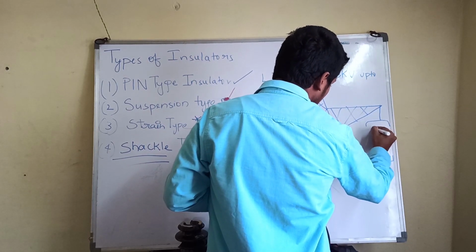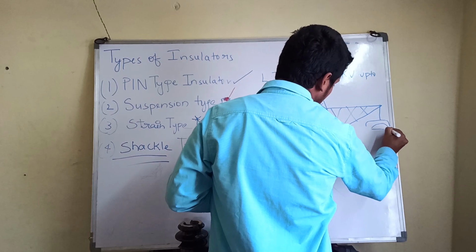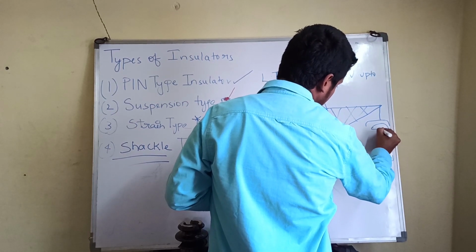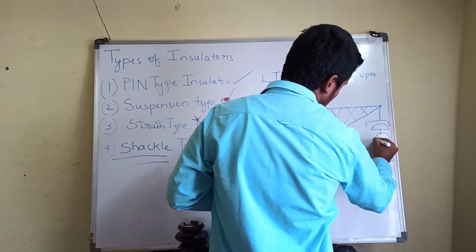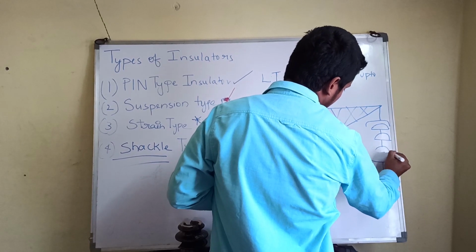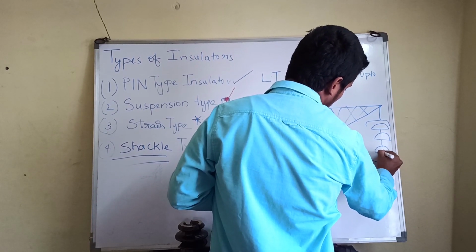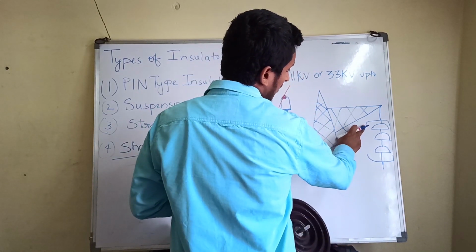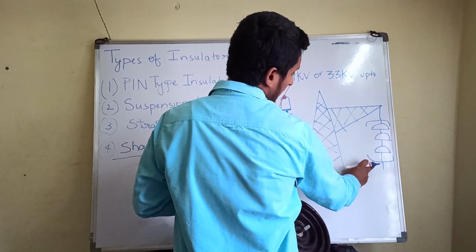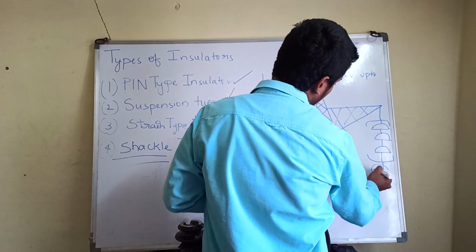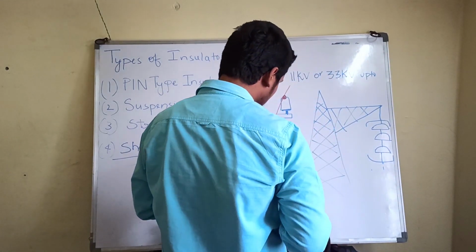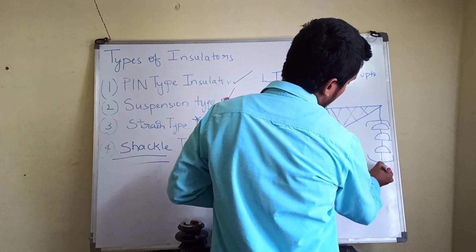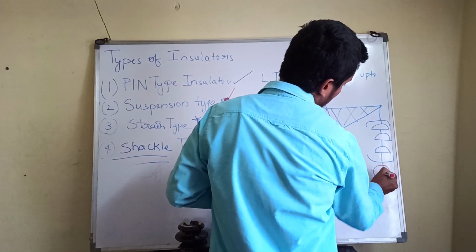This is definitely suspension type insulators. I am drawing only for the 33 kV. Now this is called the arcing horn and horn gap. I will tell you later about that, but after having this, your conductor will be running here.